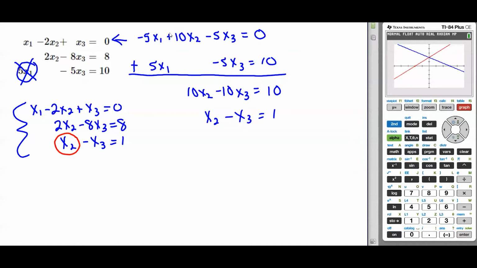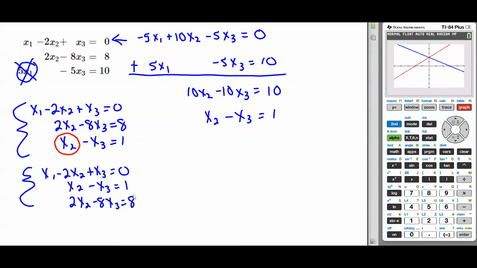So I'm going to do something clever here. Do you agree that if I were to switch the order of these equations, the solutions don't change, right? So if I write the third equation as the second equation and the second equation as the third equation, if I just swap those two, the system's the same system, right?